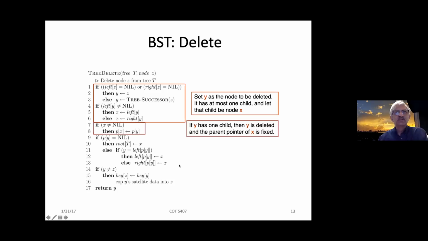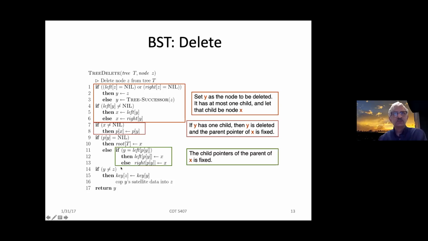What happens next? Well, here we know for sure that Y has only one child, and we want to delete Y. But in order to delete Y, we need the parent of Y. And then we are going to fix the parent pointers.